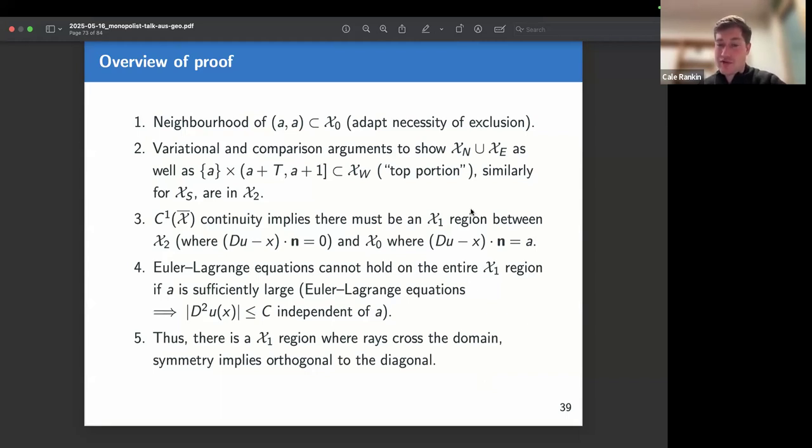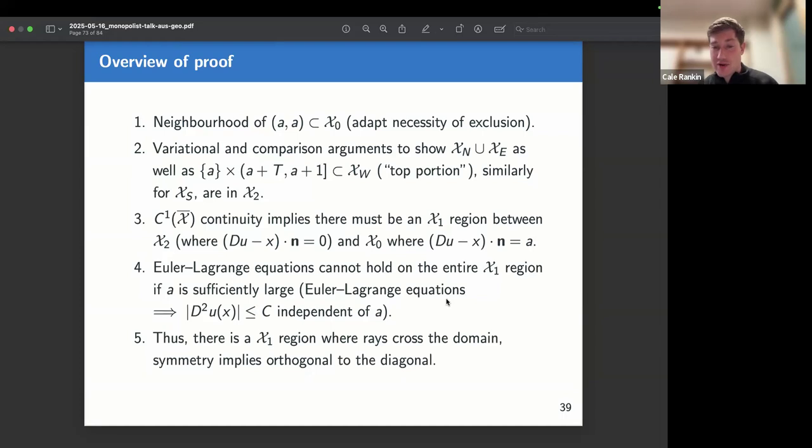On the other hand, we've got this region where our function is equal to 0, and there the boundary condition cannot be satisfied, because if our function is 0, du minus x dot n is equal to a. We've got our C1 regularity, which means this jump between du minus x dot n equals 0 and du minus x dot n equals a cannot be a discontinuous jump. Something has to happen between x0 and x2, and that's an x1 region.